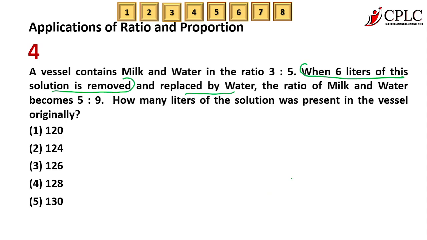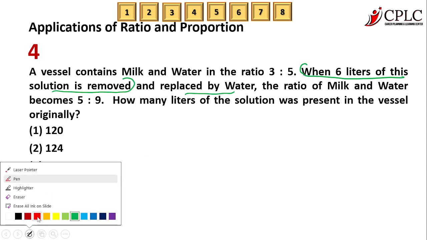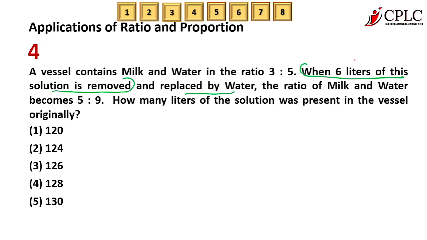Now, what I'll suggest is it is very similar. And how do you solve this in a faster manner? One simple suggestion: whatever initial removal they have done, the 6 liters removed part, try to forget this for a moment, for 1 minute. Forget this has happened.